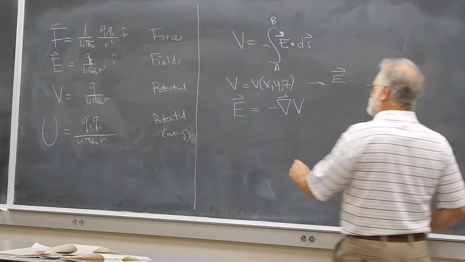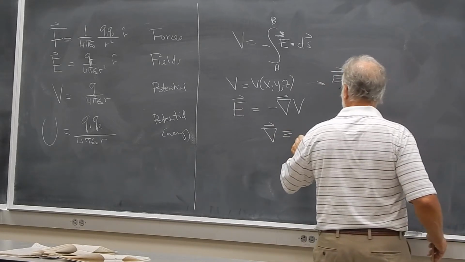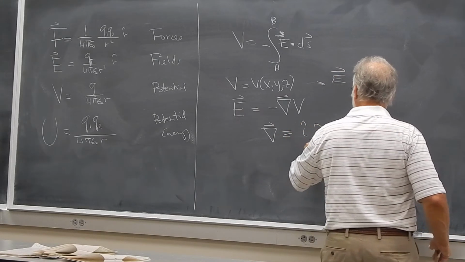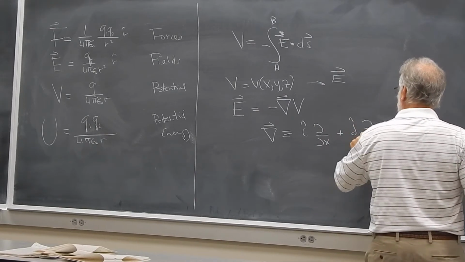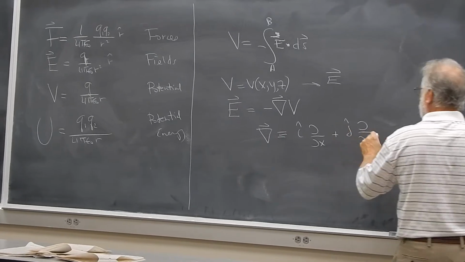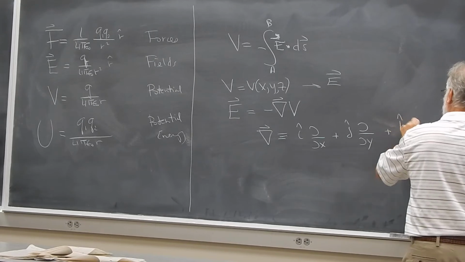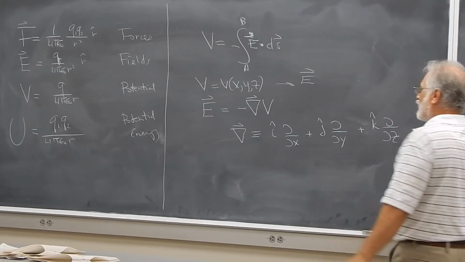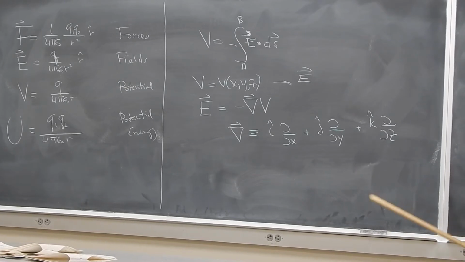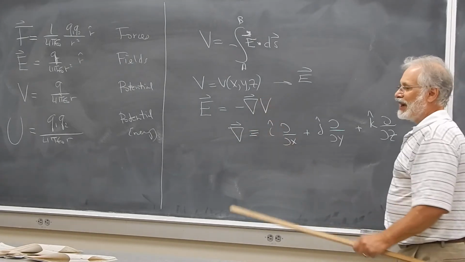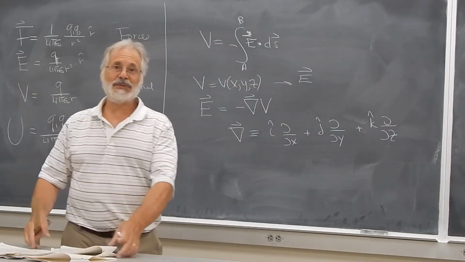The gradient, this upside down triangle, is defined as an operator that operates on a scalar function and converts it to a vector. By itself, it's meaningless. It has to operate on something. In this case, we're going to have a gradient operate on a potential, and that will enable us to determine an electric field.